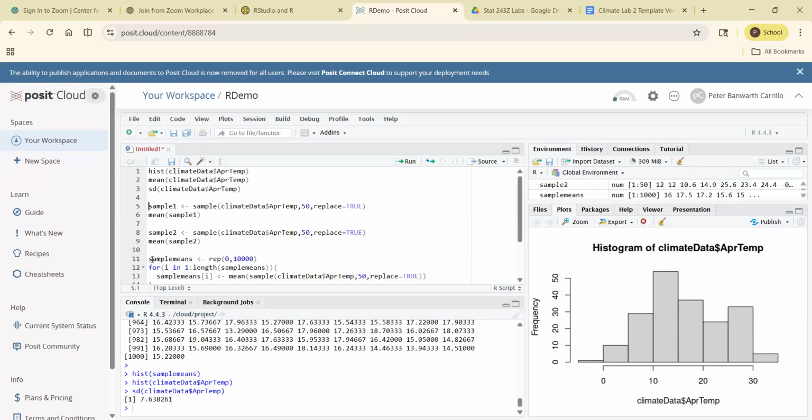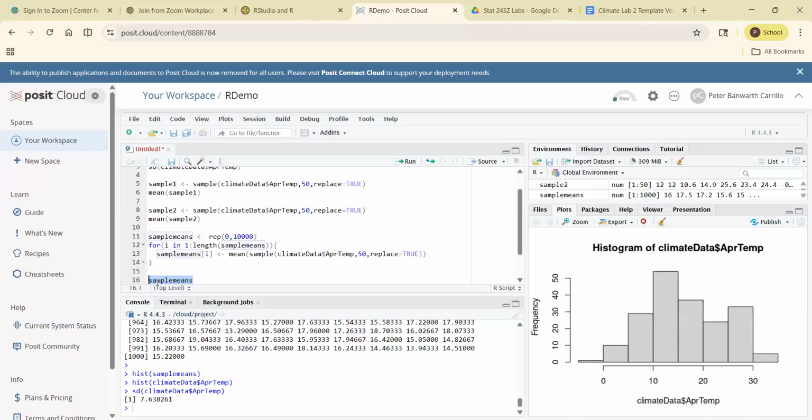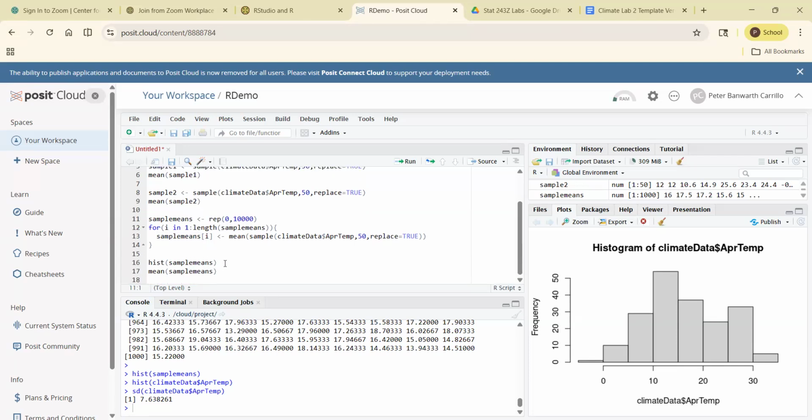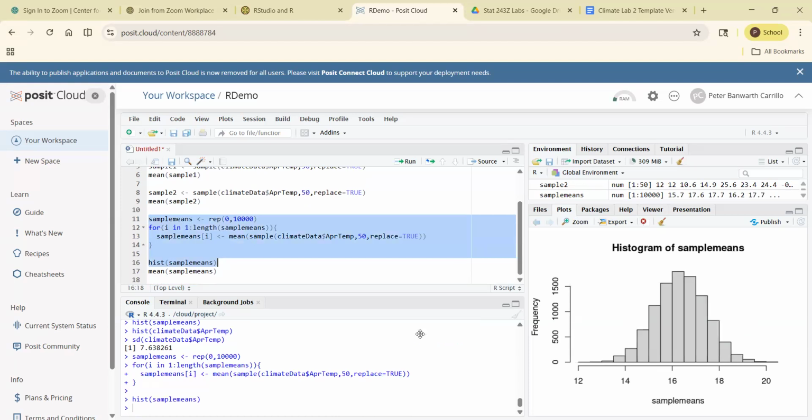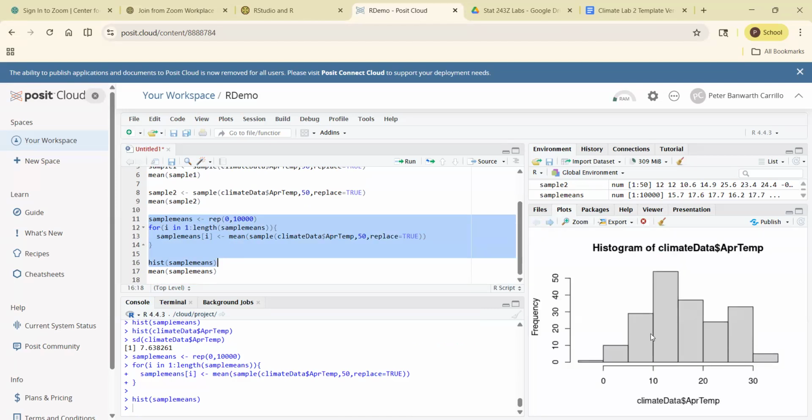If I look at my sample means, and here we're going to do a sample size of 50, and we're going to do a distribution with 10,000 of those, it's still centered at 16, but now it only ranges from like 13 to 19. The range is a lot smaller than the range of the actual observations.